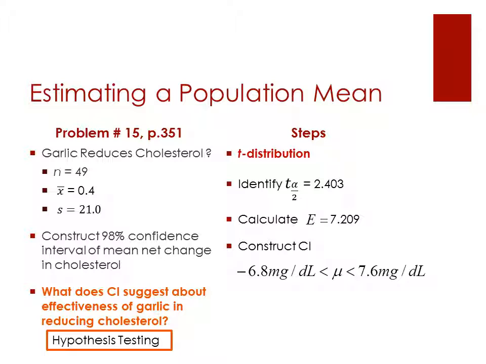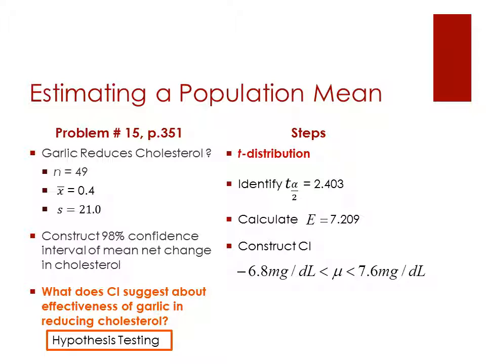Now, to do this, we need to think critically about what we are solving for. So, if there was no difference in the cholesterol level from before I eat the garlic to after I eat the garlic, what is going to be the value of my mean net change in cholesterol?